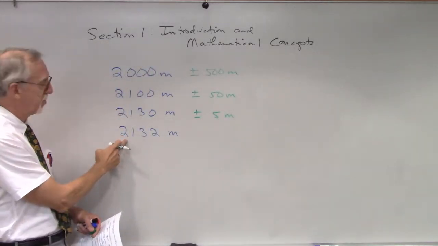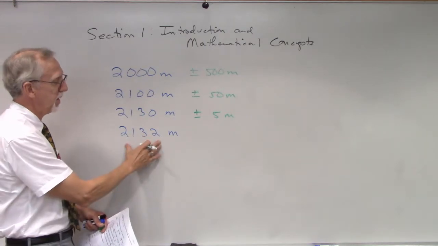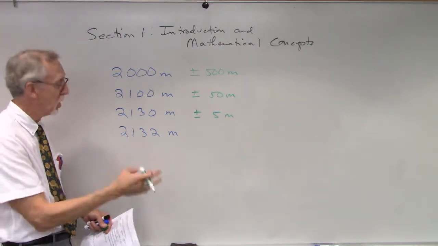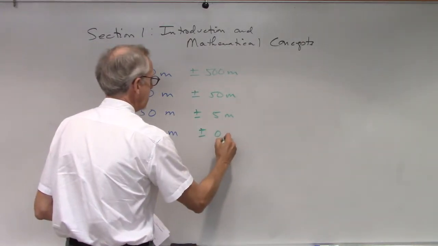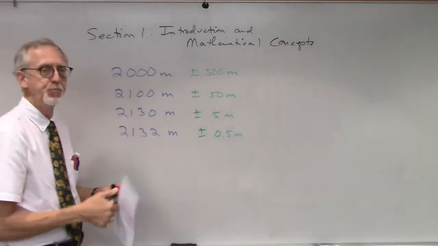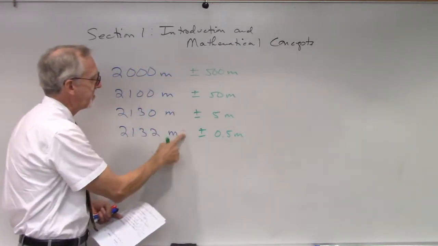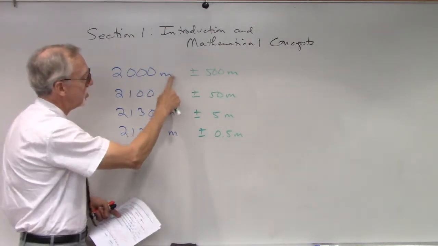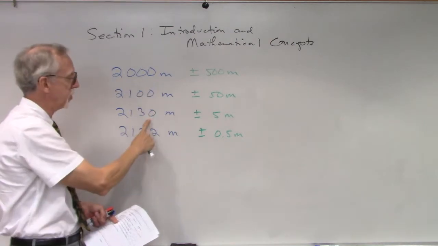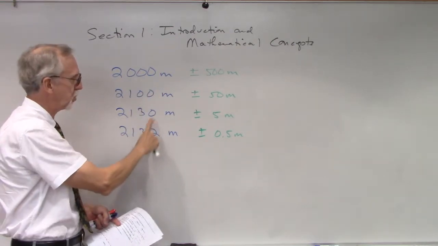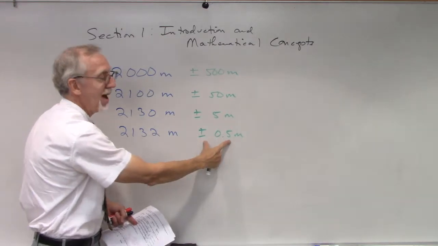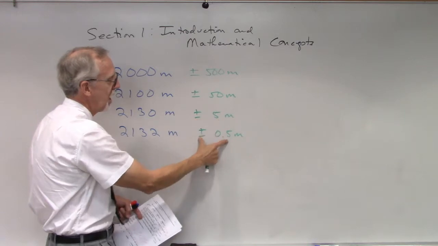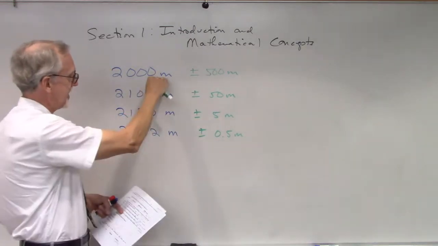And like we were talking about before, 2,132 would be closer to that than 2,133 or 2,131. So we're saying maybe plus or minus 0.5 meters. So we will describe these different numbers in terms of how precise they are. This is more precise than this number. This one is more precise than this one. This is more precise than this one. In other words, the error, so to speak, associated with the values is smaller as we move down the list.